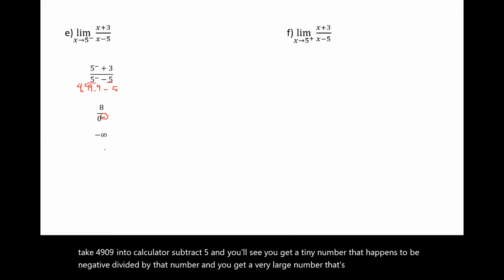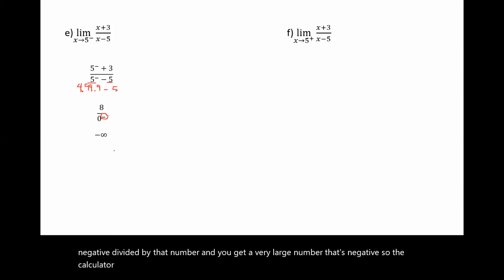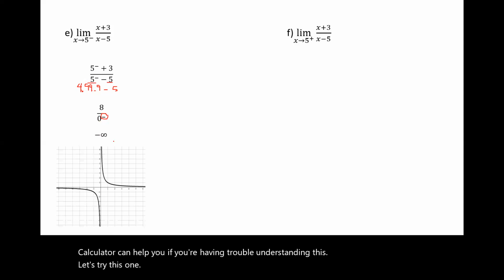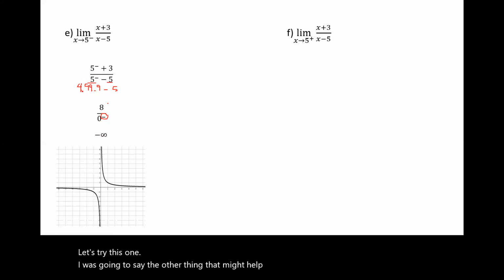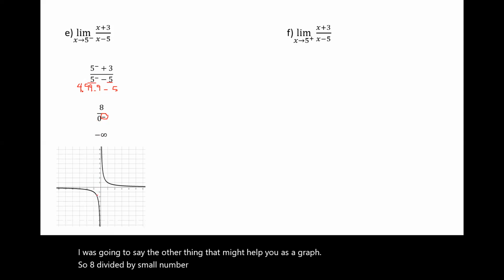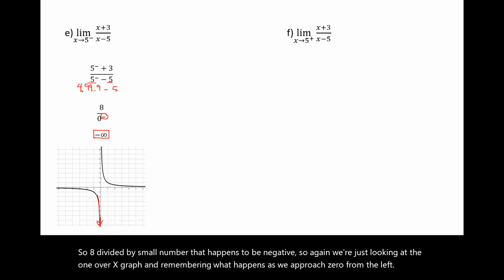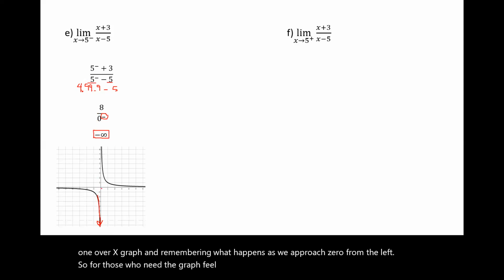So the calculator can help you if you're having trouble understanding this. The other thing that might help you is a graph. So 8 divided by a small number that happens to be negative. So again, we're just looking at the 1 over x graph and remembering what happens as we approach 0 from the left. So for those who need the graph, feel free to draw that to help you.